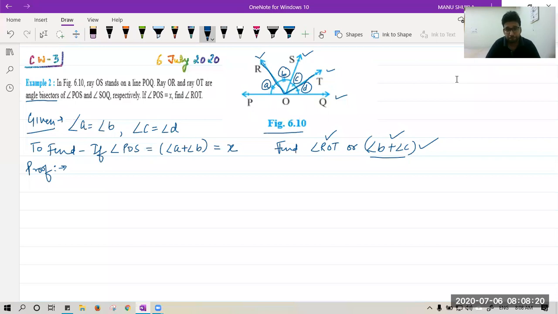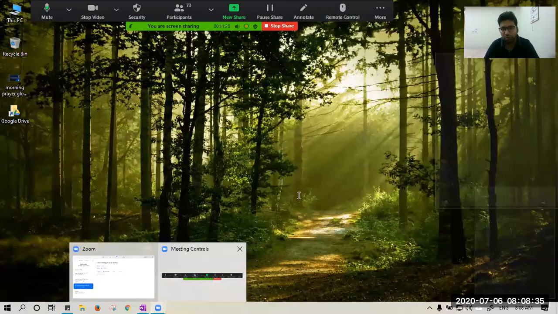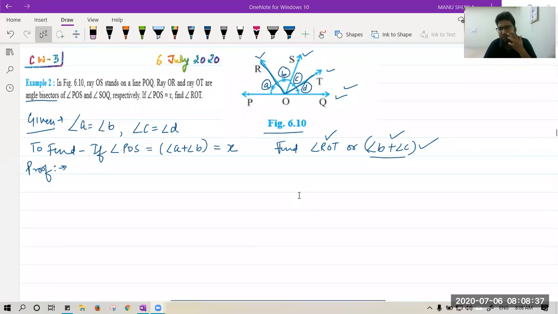First thing, what we can say right now, seeing the diagram. Yes class, the first equation that you can form using the diagram, please tell. The first equation you can form, angle A is equal to angle C, but that is already given to us. What equation can you form in terms of angle?